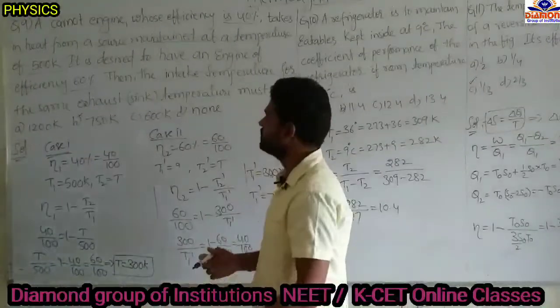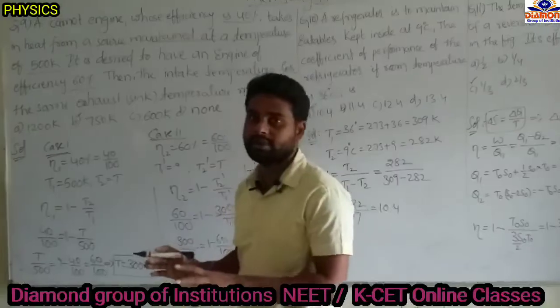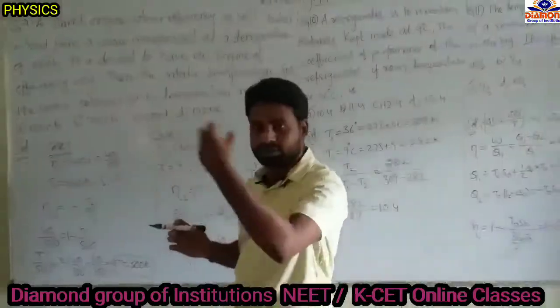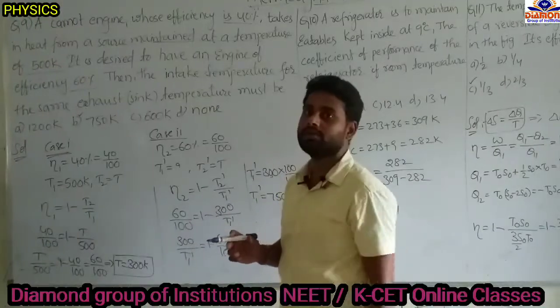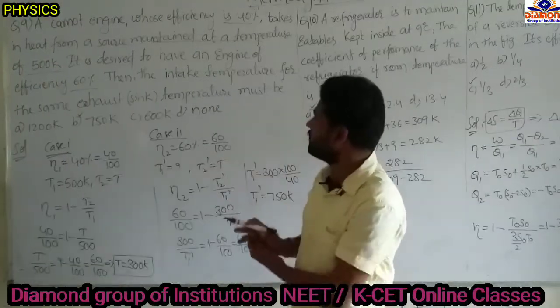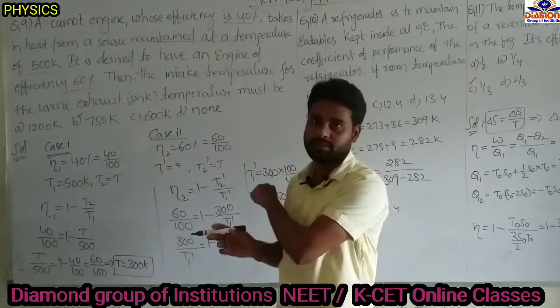That means from the source it will absorb heat and it will reject heat to the sink. Two cases are given: in the first case the efficiency is 40%, in the second case the efficiency is 60%.